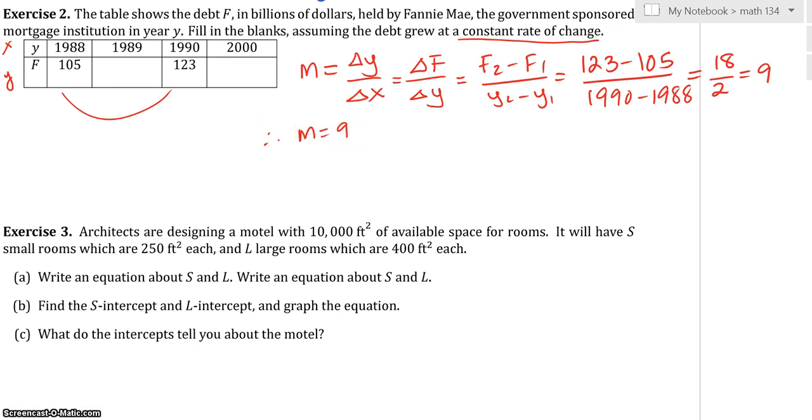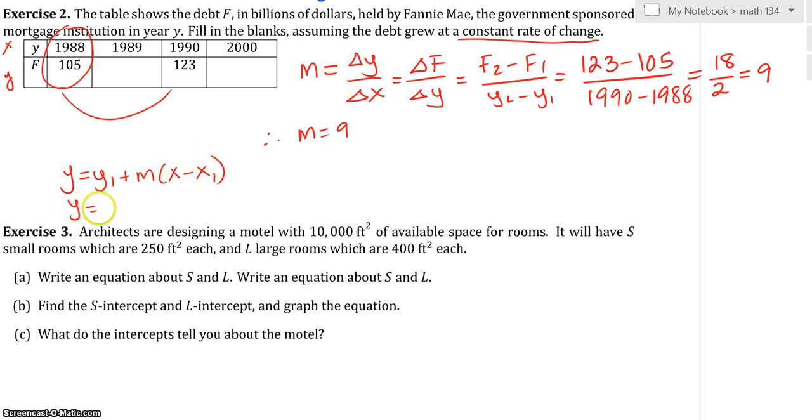Therefore, we could come up with the equation of a line. Then we can fill in those other values. So I'm just going to use this point, and I'm going to get y using the formula y equals y1, or y naught, plus m times x minus x1.